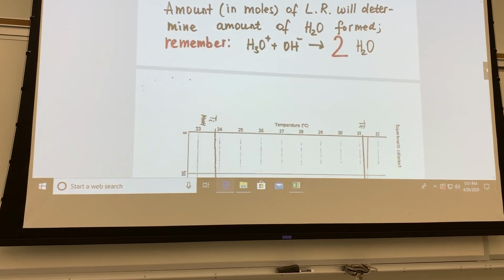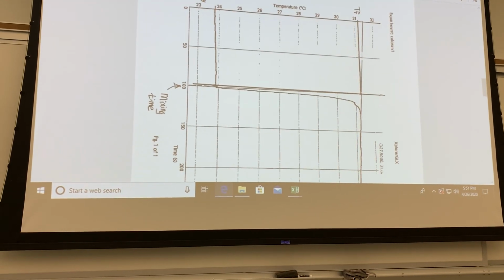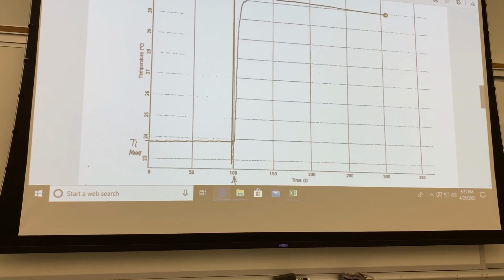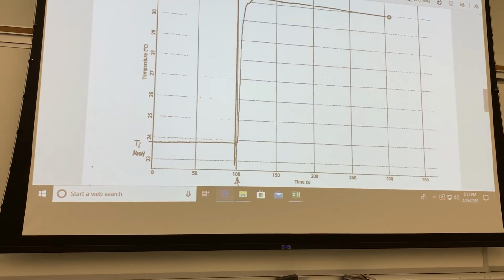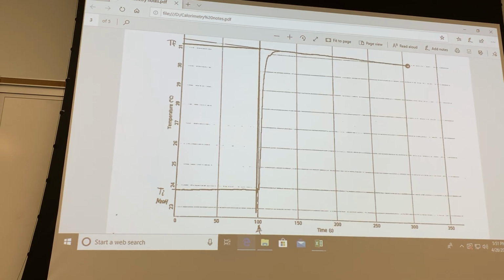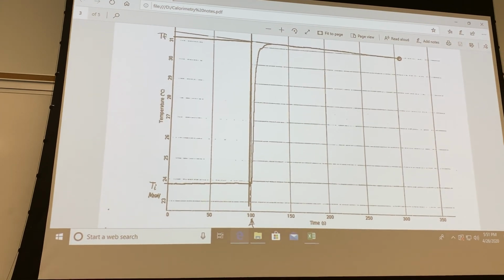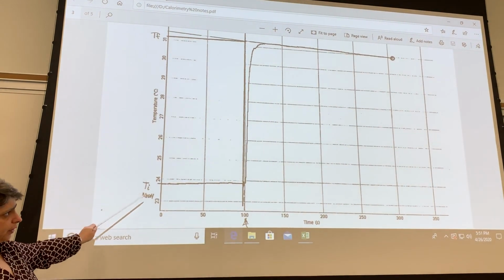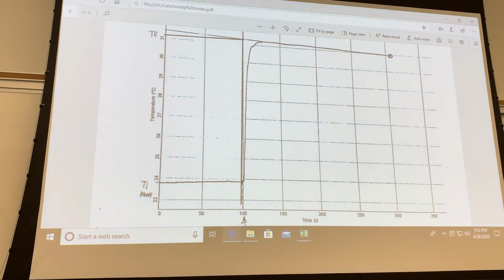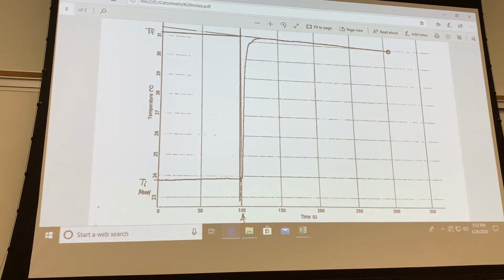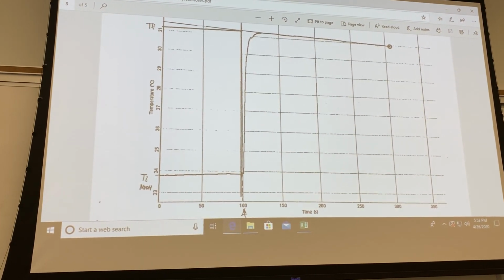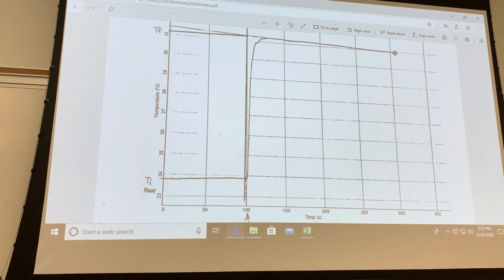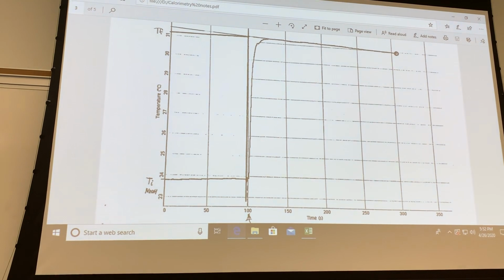So next I'm going to show you a hypothetical curve that's expected to be obtained, and this is what you're going to see on the screen when I run a trial for you. I can't guarantee you that I will be able to send you a curve like this, but I am probably going to get you the value for delta T, so you can then calculate your own heat and enthalpy of reaction.